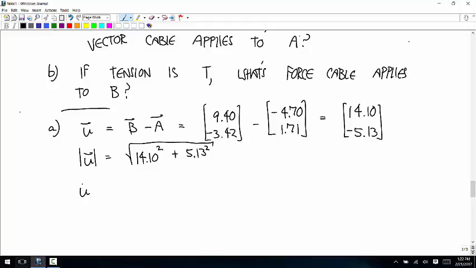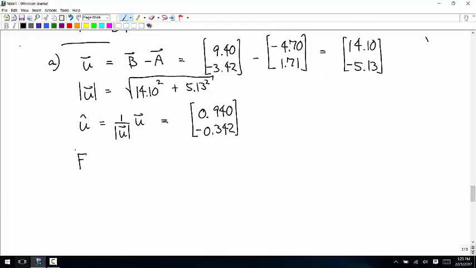And then the unit vector is 1 over that length times the original vector, and you get 0.94, negative 0.342. And so then the force vector is 100 times that unit vector, so 94.0, negative 34.2.